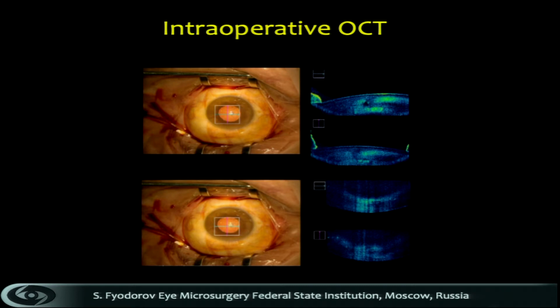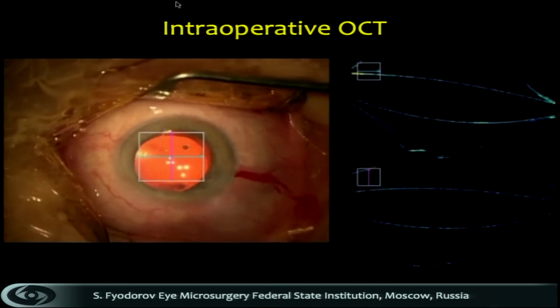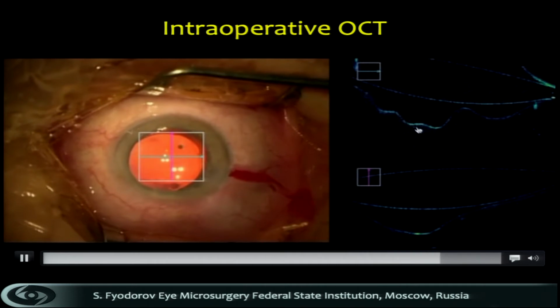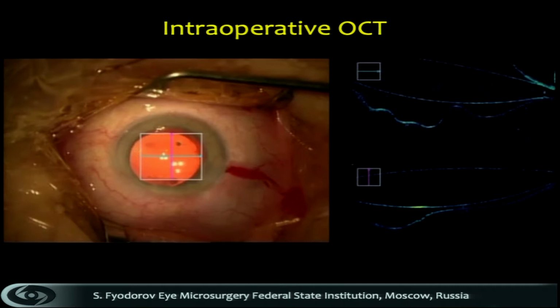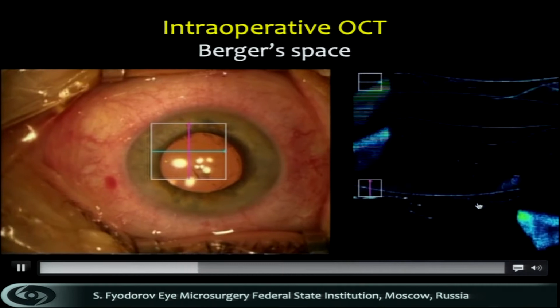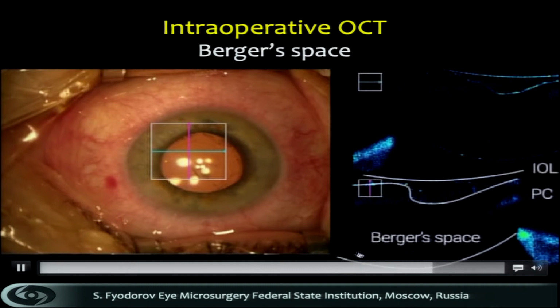However, during the course of the procedure, you can actually see when the lens is implanted into the capsular bag, and this is a very typical appearance of the posterior capsule, which has a wavy shape. And in some patients we can visualize not only the posterior capsule but also the Berger space, which is the space between the posterior capsule of the lens and the anterior hyaloid membrane.